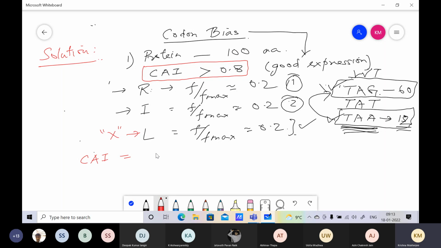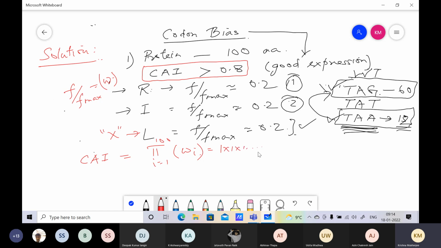What is the CAI? The geometric mean. Product over i equal to 1 to 100. And then these frequencies, f by f max, let me call them W. The multiplication of W's, right? W_i's, f by f max. Now, all the remaining are all 1. So it is 1 into 1 into 1, all of them till whatever number.